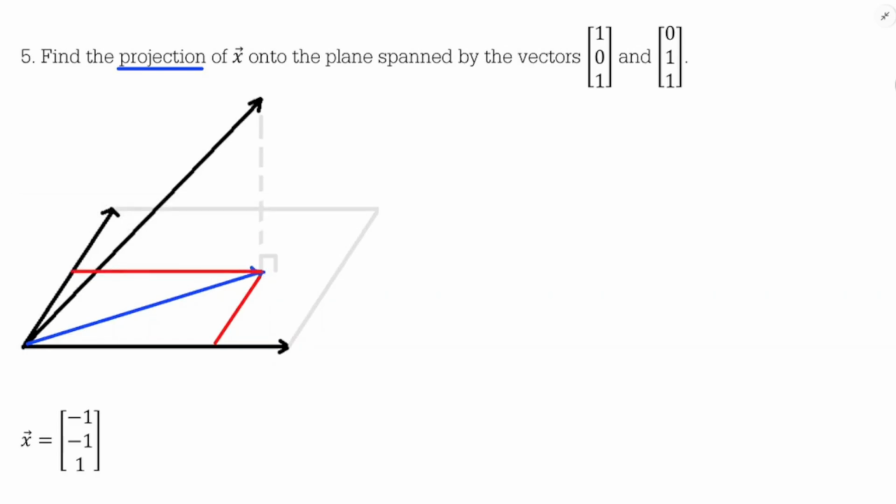I'll show you. Okay, really what we're going to need is to find, I need a new color, these green vectors here, they're going to add up to the blue vector.